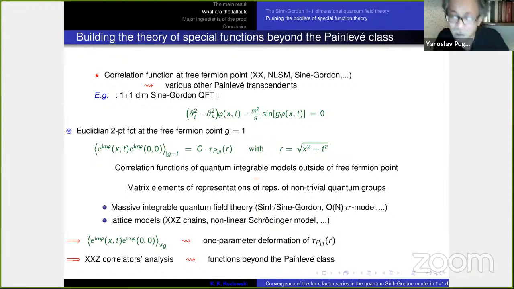I don't understand. If you have Painlevé 3 for XXZ, for Sinh-Gordon, for XXZ correlators, what is the deformation of this? Is this philosophy or any exact results? What is the equation? This is the point.